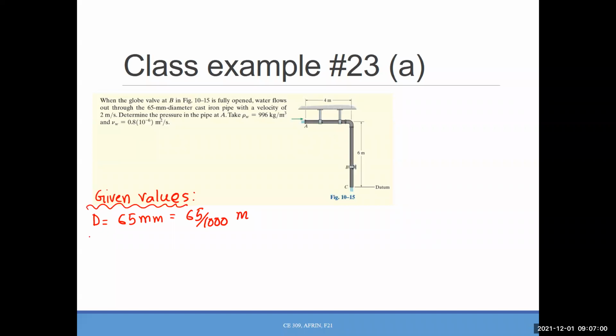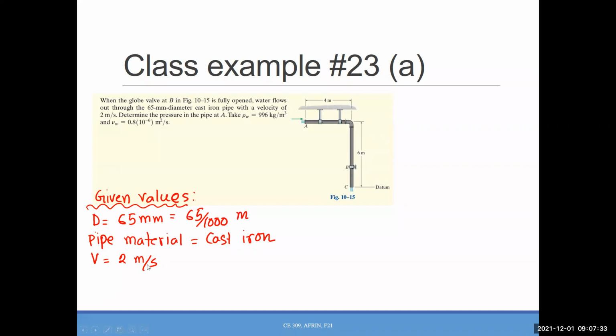The pipe material is cast iron pipe, and we know the velocity, which is 2 meters per second.